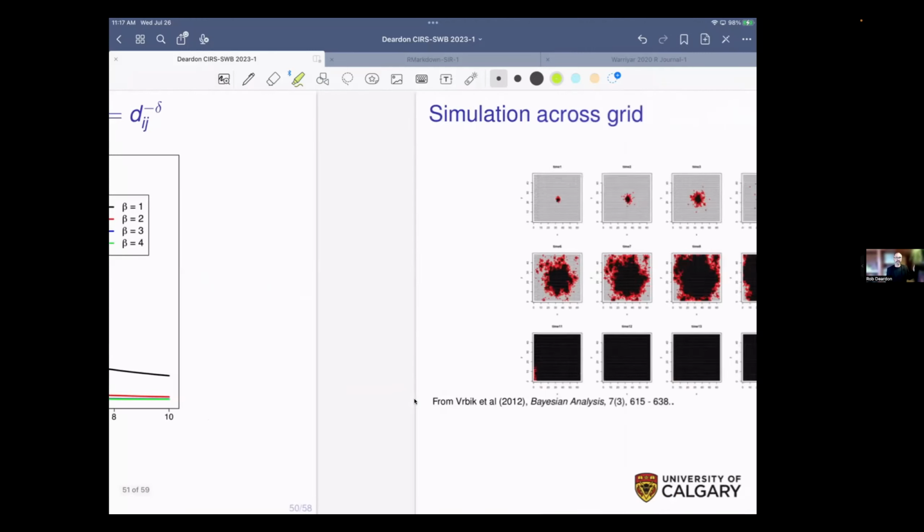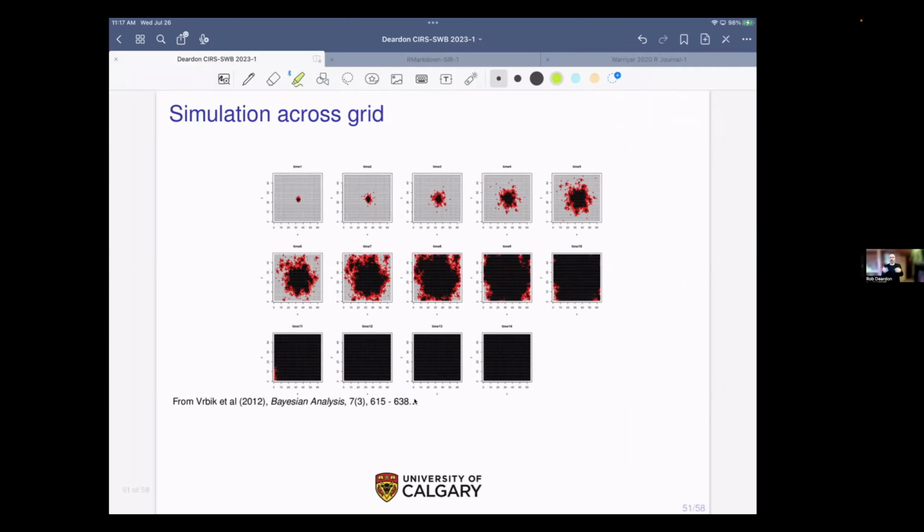And if I say simulate, and here what I've done is I've simulated across a grid of individuals, right? So you could think of this as crops in a field, if you like. We started off with some infection in the middle there. The red there is going to be my infectious individuals. The black are going to be my removed.